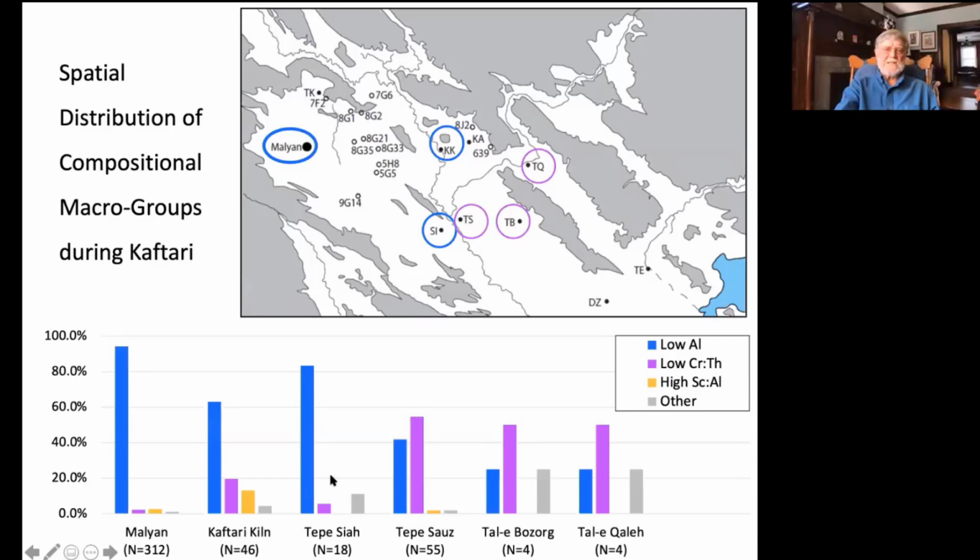That group is uncommon to the north and west of the Sivand River. It's present, but it's uncommon. And the high scandium aluminum group, and other, which is pottery that doesn't fall easily into any of those clusters, are minor components of the ceramic assemblage at each of those sites.